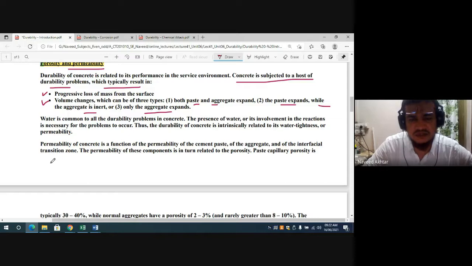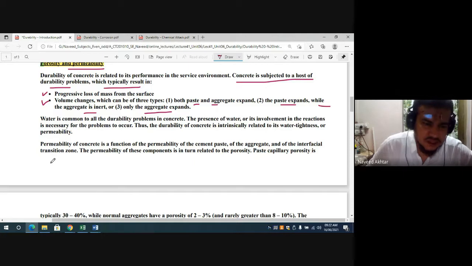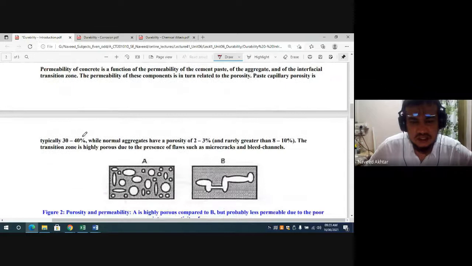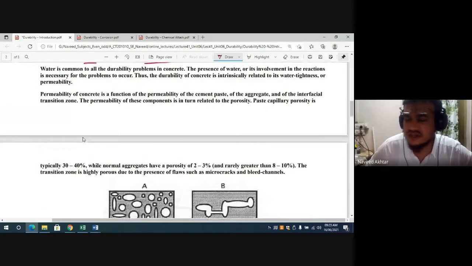So permeability means the ability of the concrete to pass water through it. If the structure is more permeable, more porous, then there are more chances of deterioration of concrete, because it allows water to enter the concrete and react with the aggregate and the reinforcement, and then problems occur.